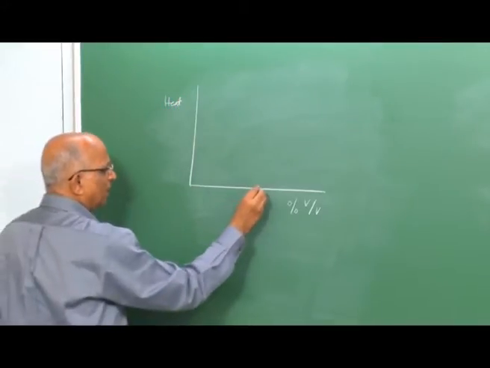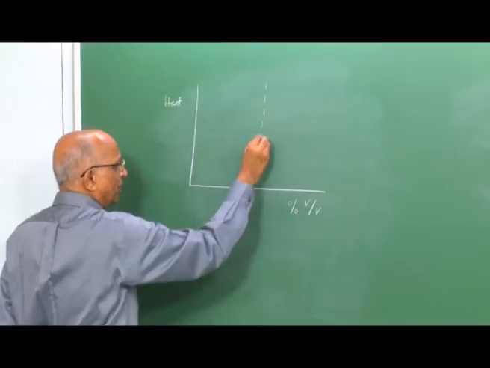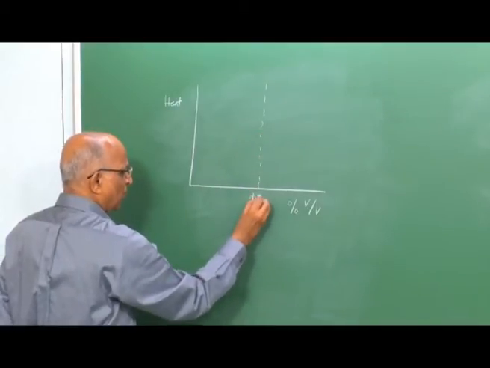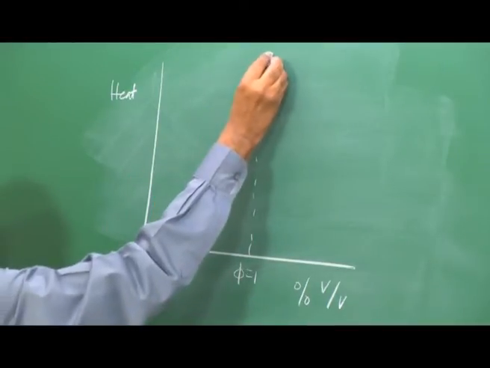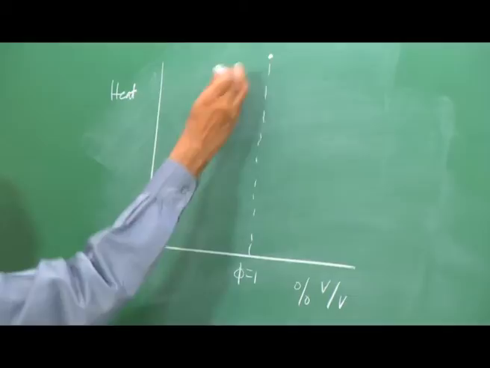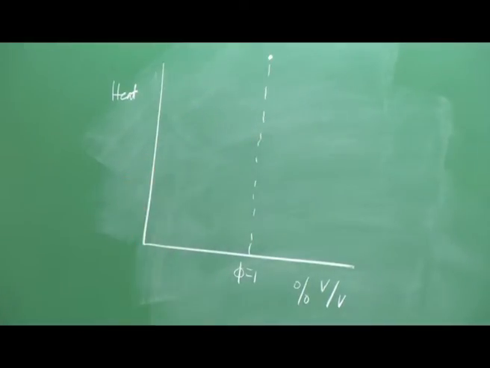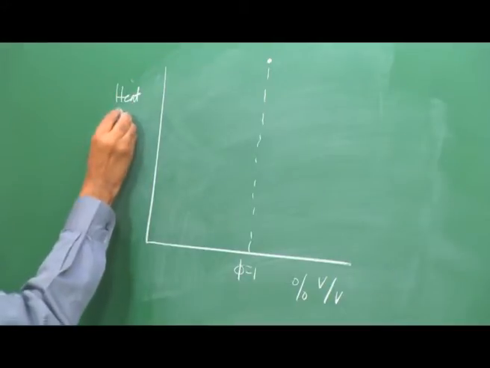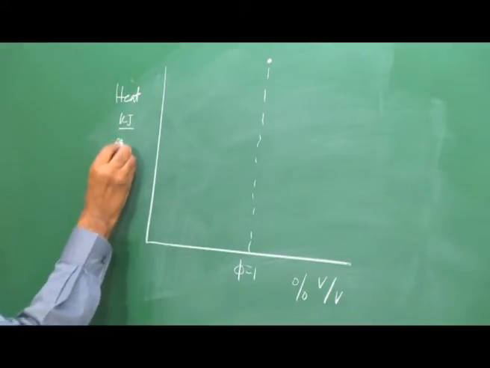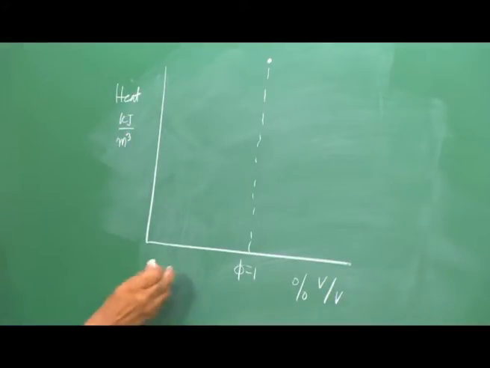There is a condition like stoichiometry, which corresponds to phi equal to 1, and when I do an experiment, we saw that the maximum heat release happens at stoichiometry because completely burnt products of combustion are formed. If I find out the heat generated in terms of kilojoules per meter cubed of the mixture or per kilogram of the total mixture, what is it we said?